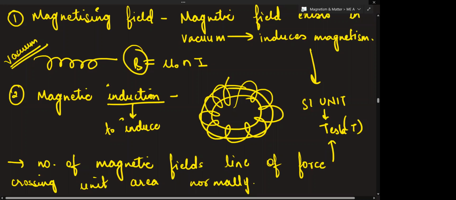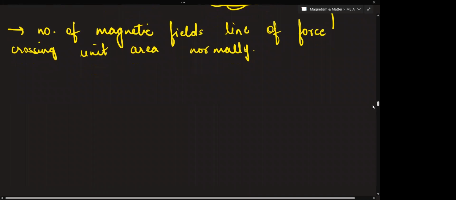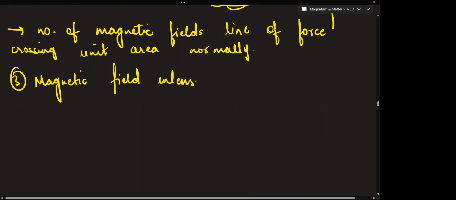All right. The third term that let's discuss is the magnetic field intensity. This is represented by the vector H. The ability of the magnetizing field to magnetize any material medium is represented through this H. We call it magnetic field intensity or just simply magnetic intensity.